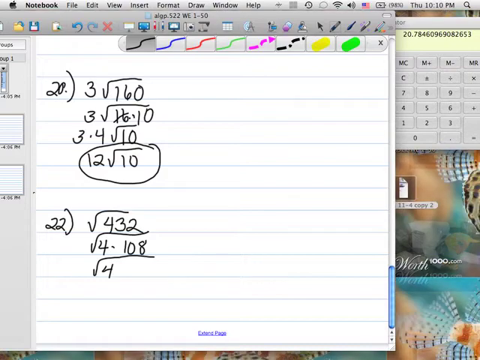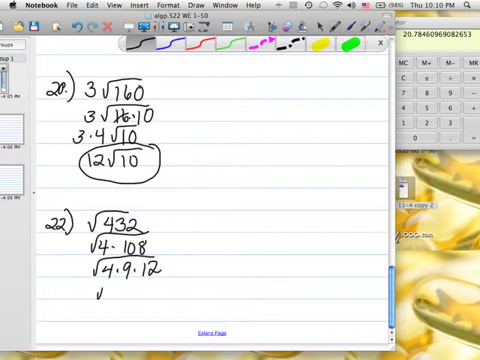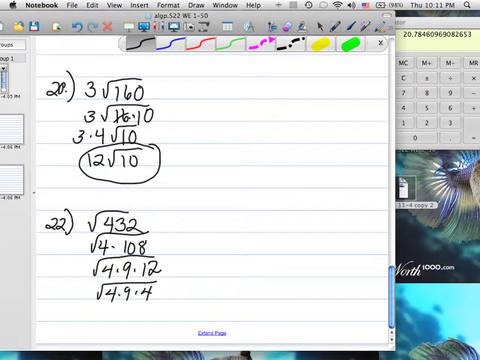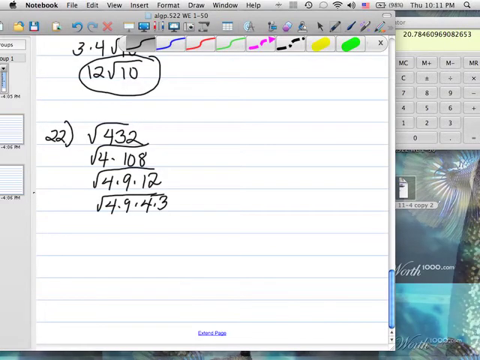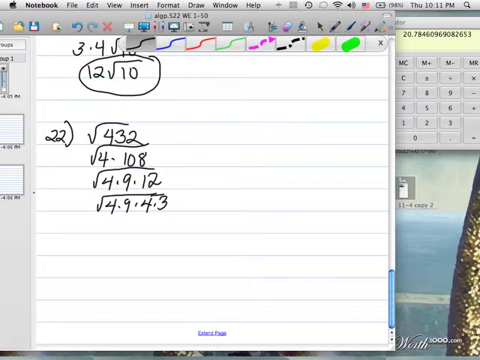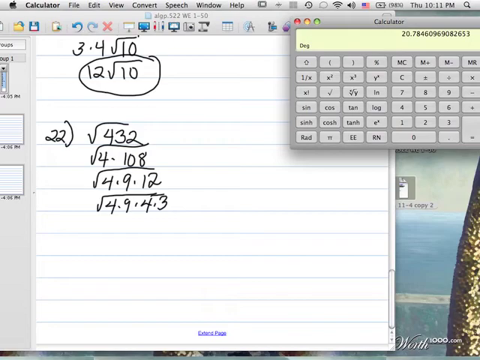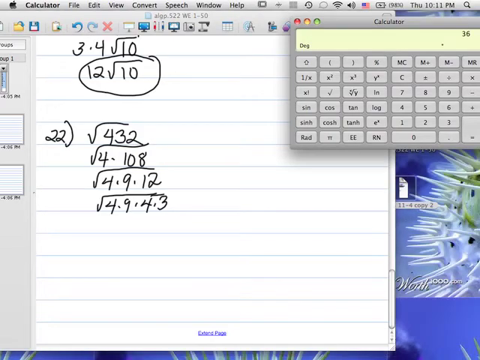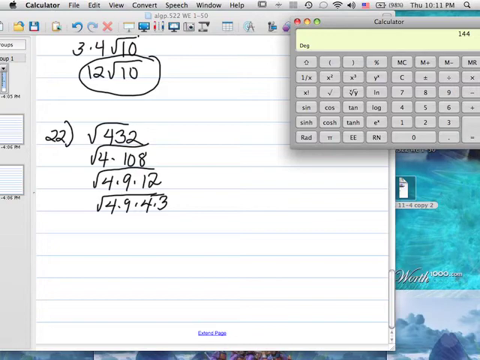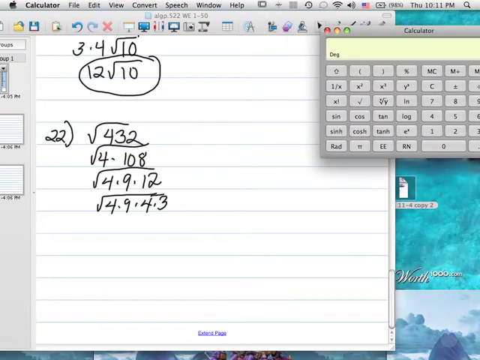And I know 108 is 9 times 12. And within the 12 is a 4 and a 3. So I could multiply those out and figure out what the perfect square is. What is that? 4 times 9 times 4, whoops, is 144 again. So we're going to get 12 radical 3.